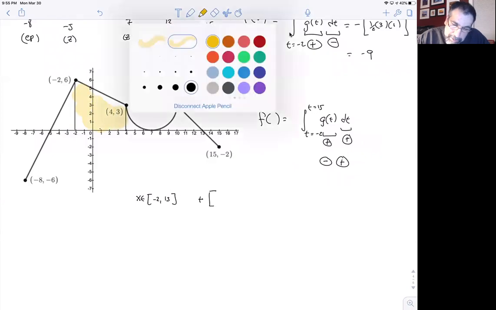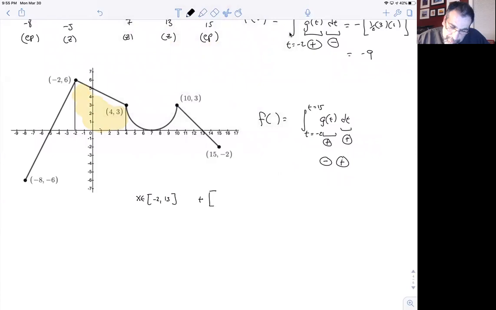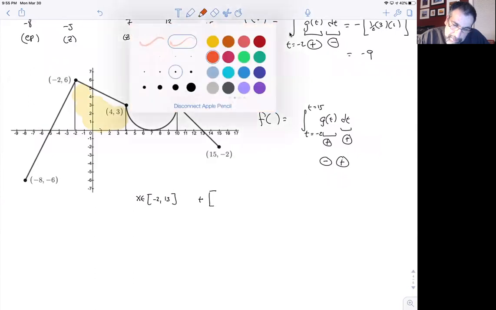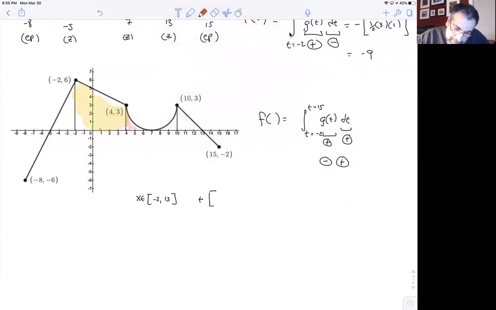Then the next shape is from 4 until 10. And this one is actually a rectangle with a semicircle chopped out of it. So we're going to have to find that area. And then the last one goes all the way to 13, which is this triangle.